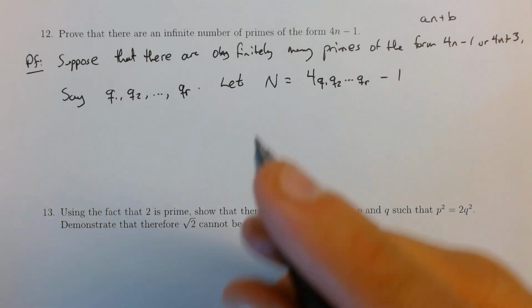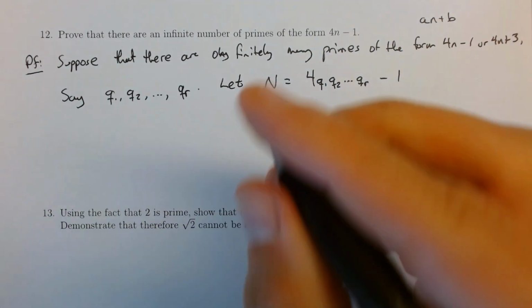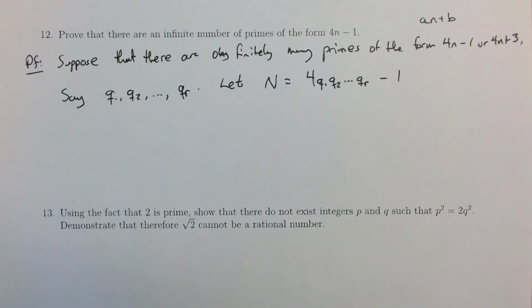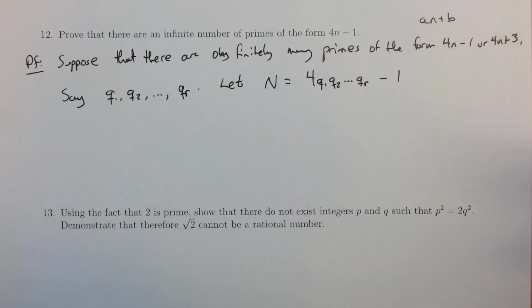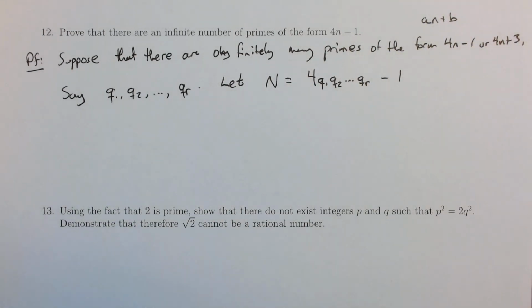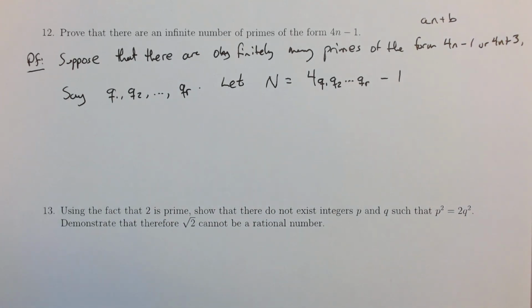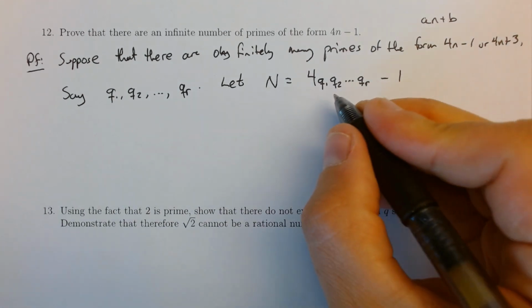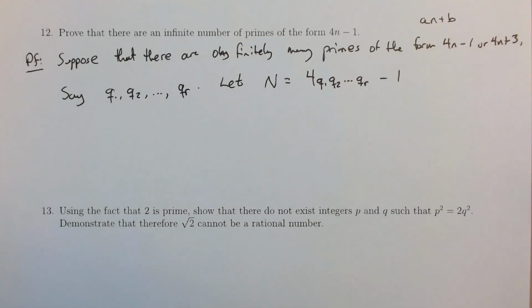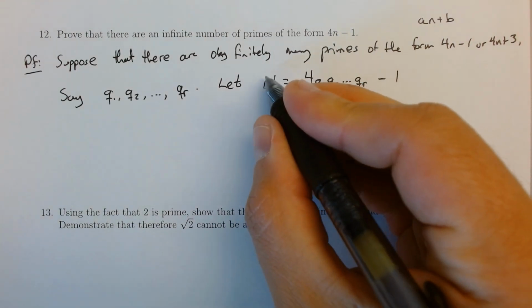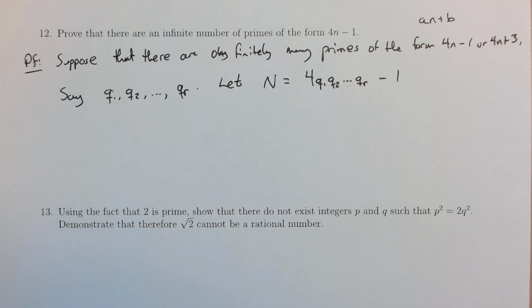Now, when we look at the factors that n has, notice that this is an odd number, so it doesn't have 2 as a prime factor. But it could have other odd primes. It could have one of these primes, or it could have primes of the form 4n plus 1. What we need to get our contradiction is that n has one of these primes as a factor.